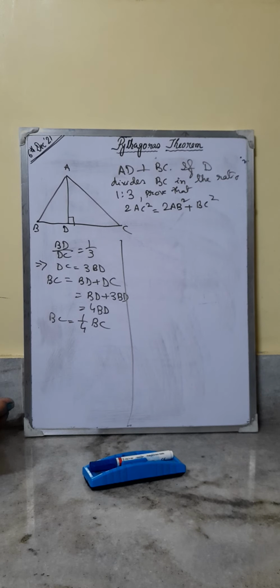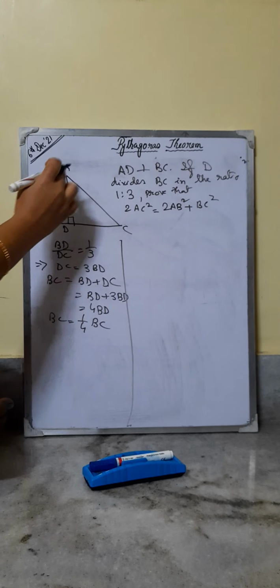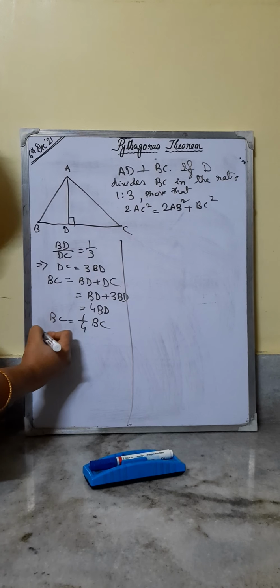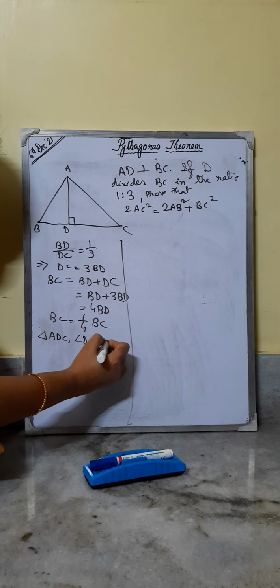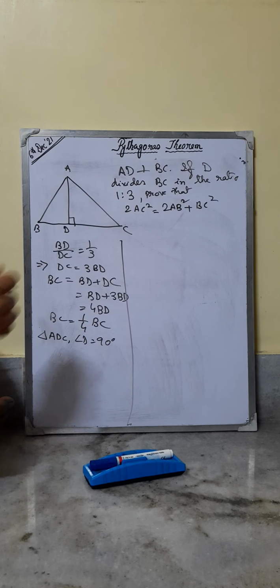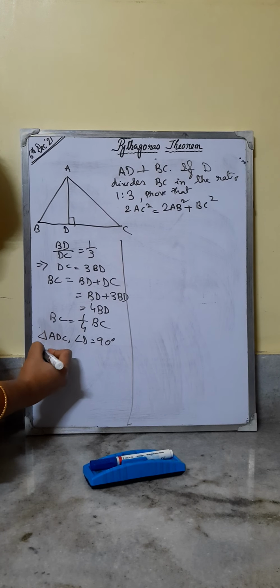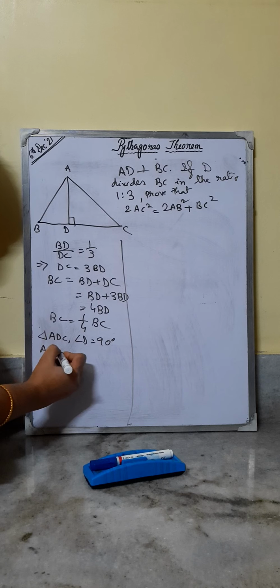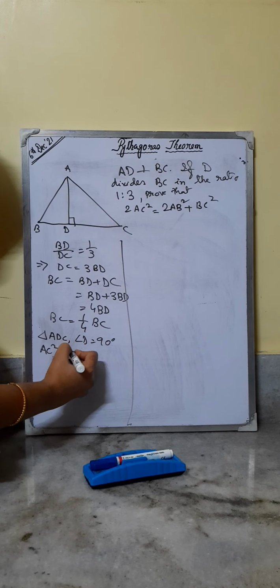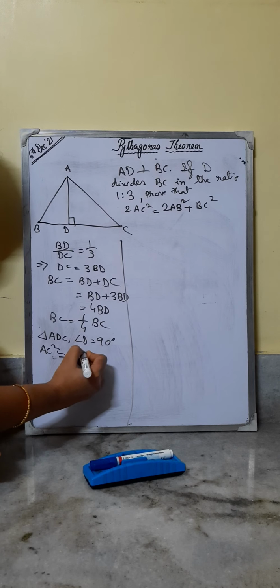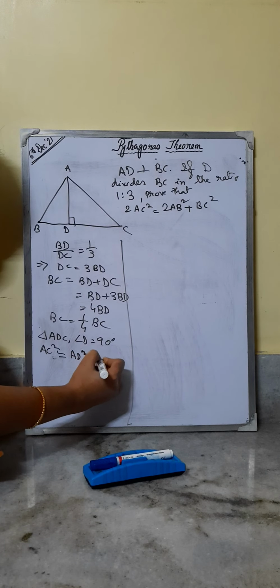Now see the triangles, both these triangles. First you take triangle ADC, where angle D equals 90 degrees. So AC is the hypotenuse. Hypotenuse square equals perpendicular square plus base square.